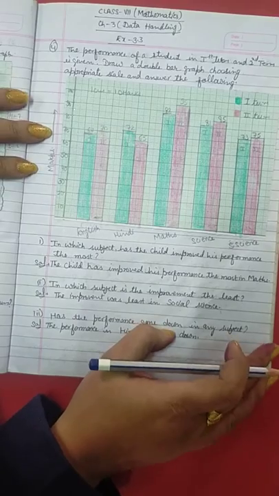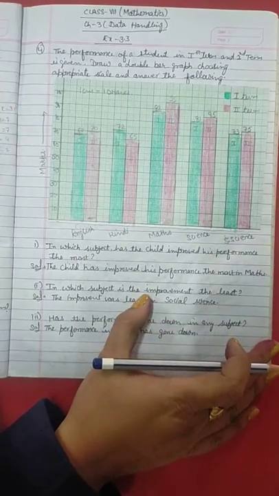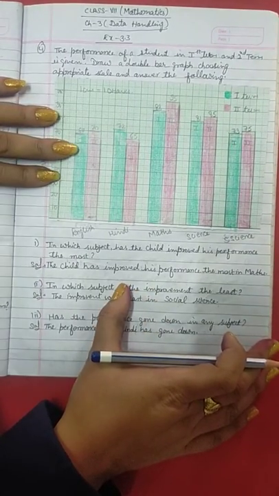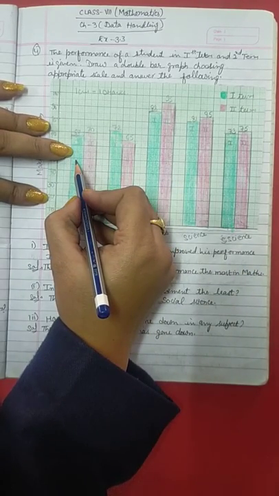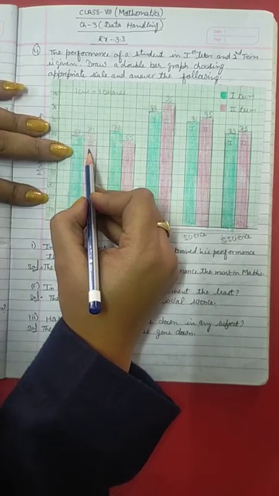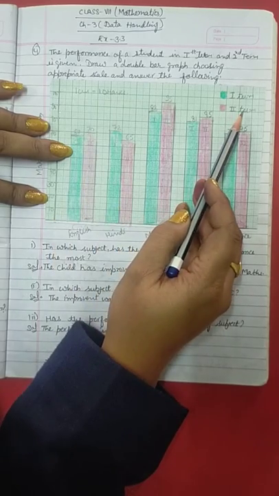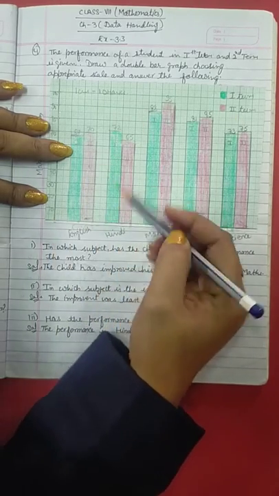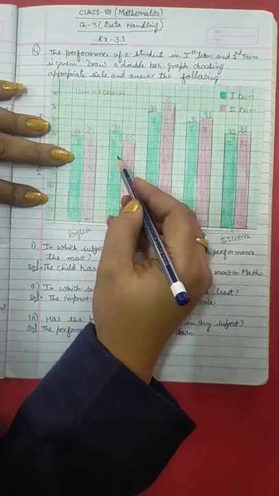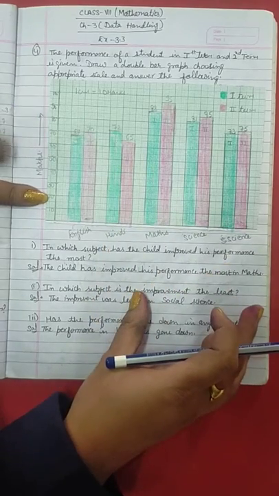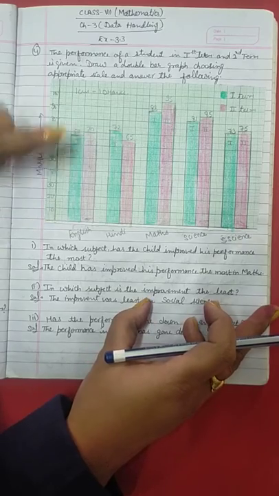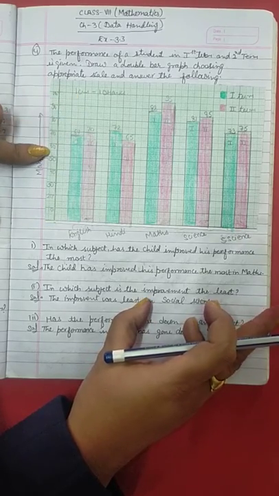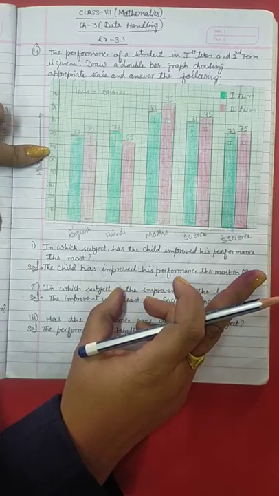Now see here, I have explained the graph. This green color shows the first term and this pink color shows the second term. These are the bars to represent the first term, second term, first term, second term. I have taken 1 centimeter or 1 unit as 10 marks because it is the performance of a single student and he is getting marks.